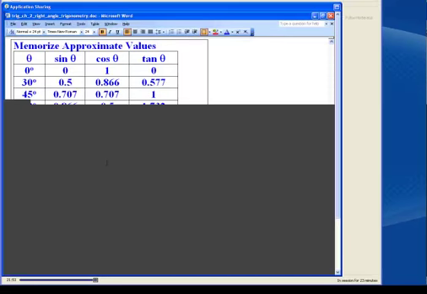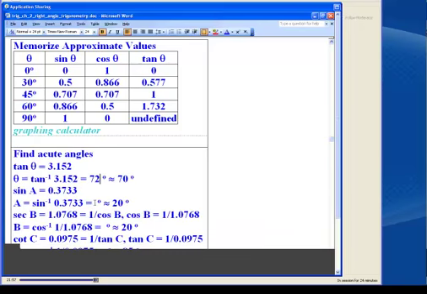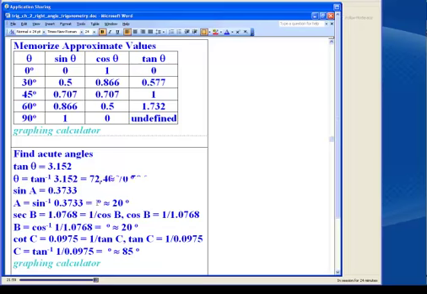So this one was 72.40, 21.92, 21.77, and 84.43. And with that, I conclude this lecture.